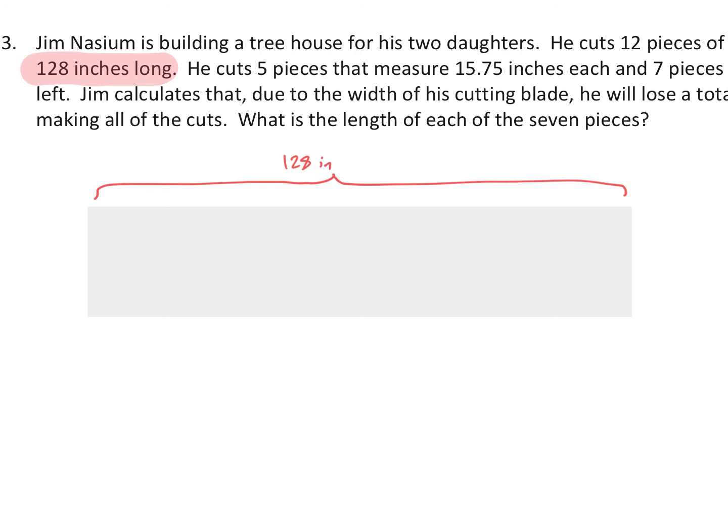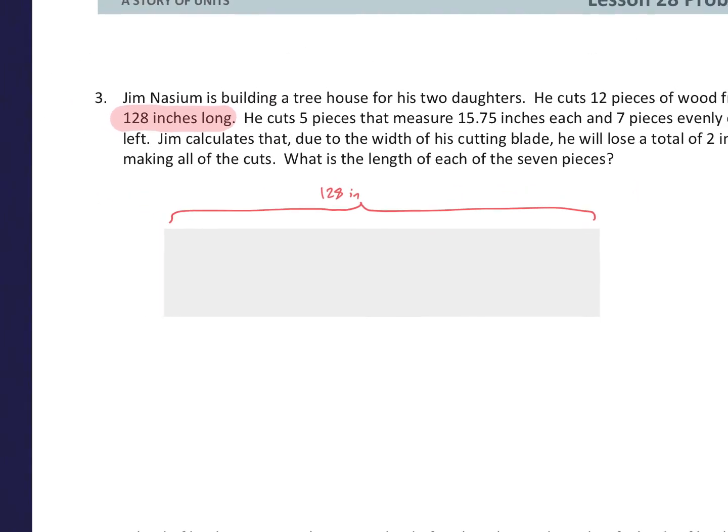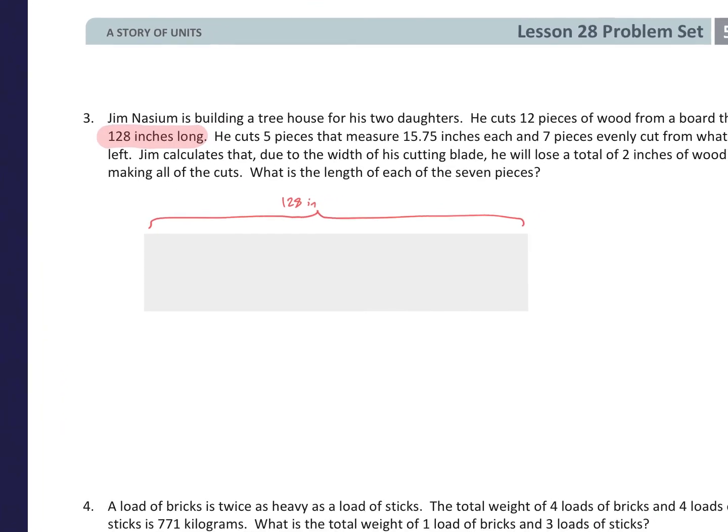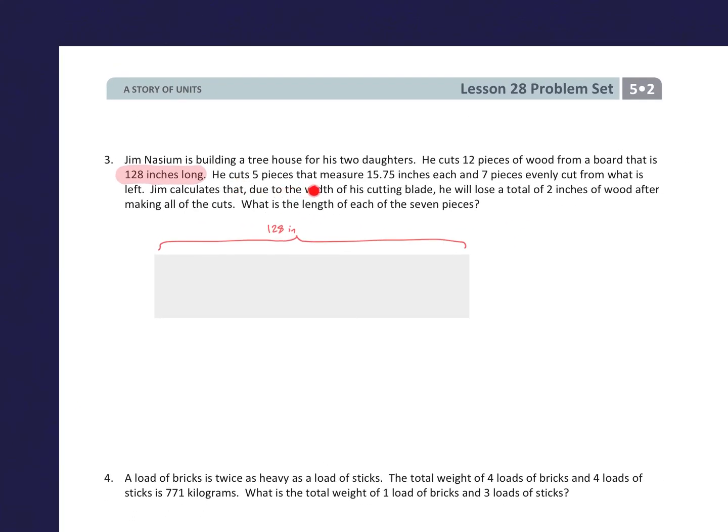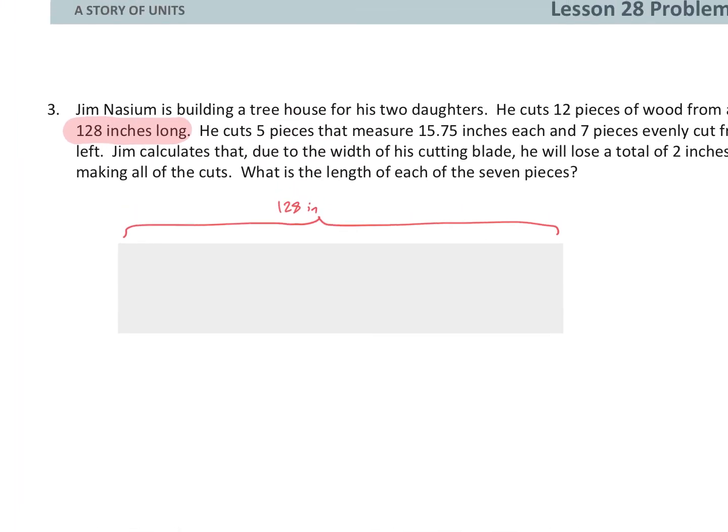And what else do I know? Well, he cuts 5 pieces that measure, let me zoom in on this, 15.75 inches each, and 7 pieces evenly cut from what is left, right? So he cuts 12 pieces. Let's draw that real quick. So I'm going to cut that.